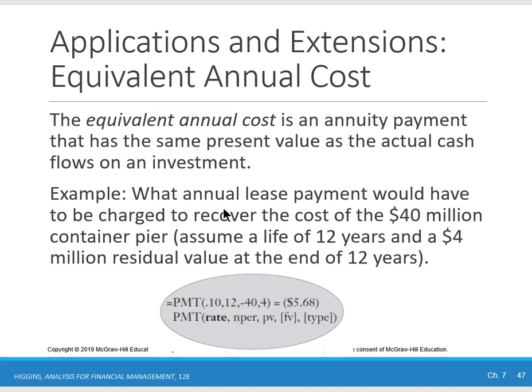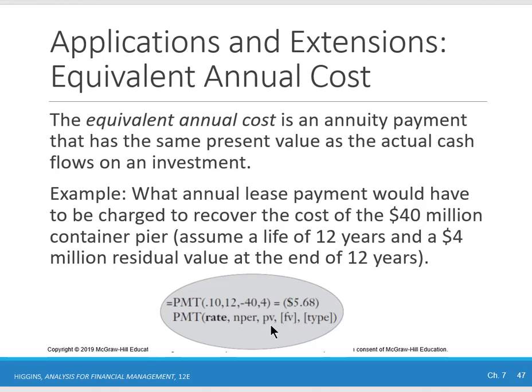So what you can do is calculate this equivalent annual cost, and it will convert the net present value into this annuity. So what would be the difference? The rate is whatever your cost of financing is. The number of periods is the periods for that project.